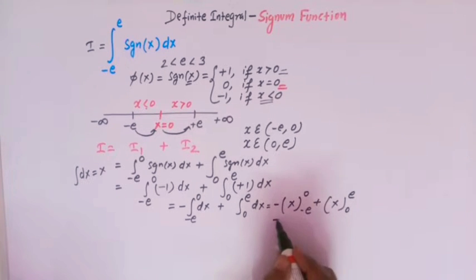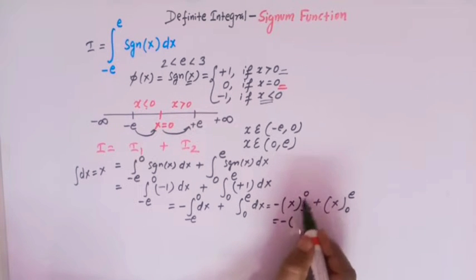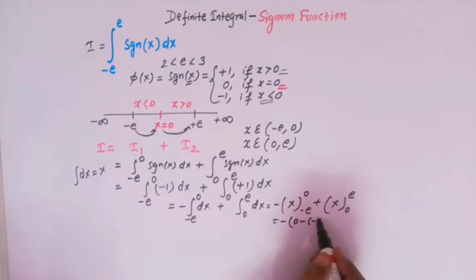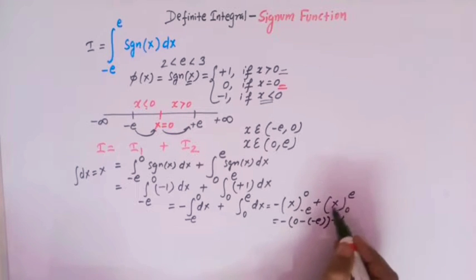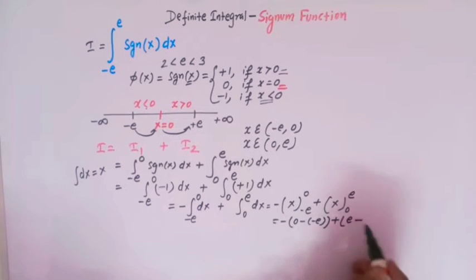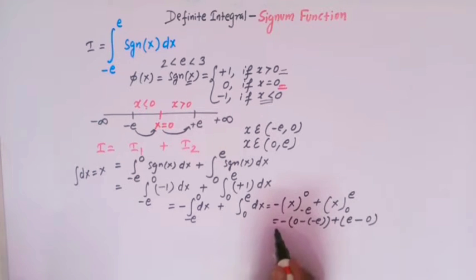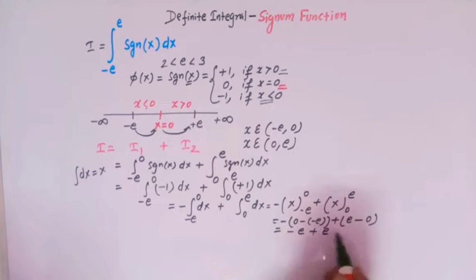Now we can substitute the limits and take the difference. We have x equal to 0, then x equal to minus e, and here x equal to e and x equal to 0. So this is minus minus plus, and then we have minus e and plus e. Minus e and plus e cancel, and we are left with 0.